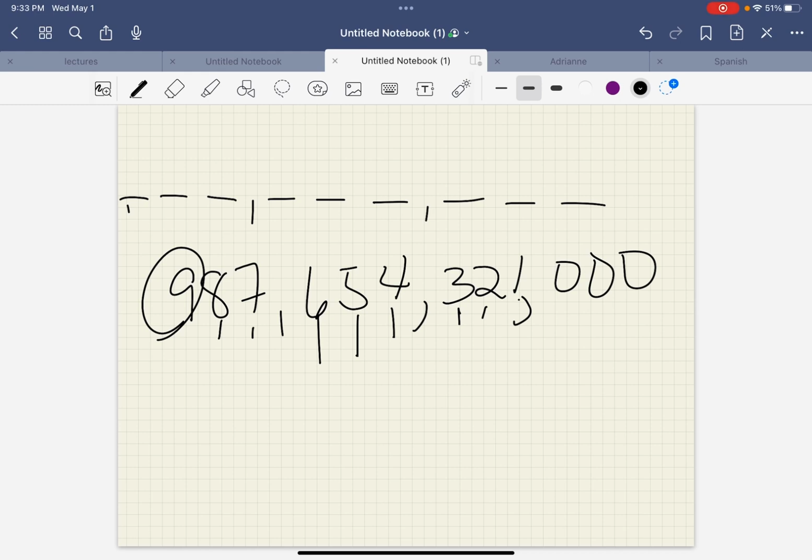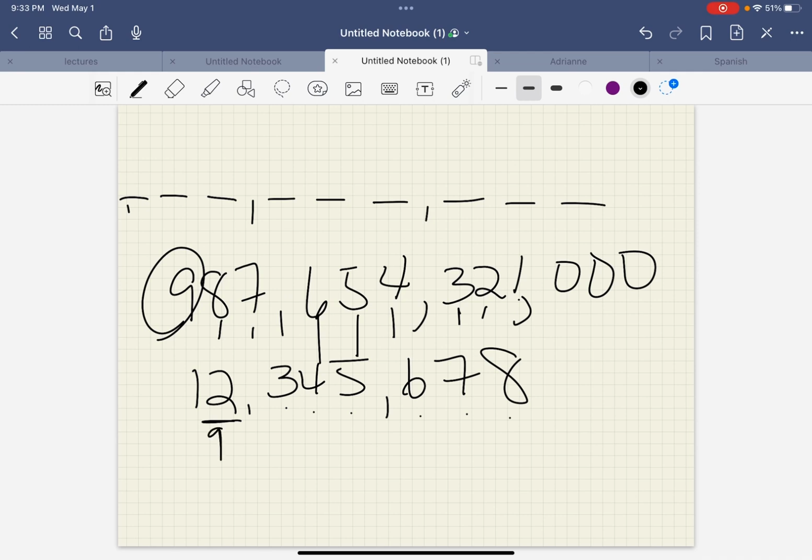All right, in example 2, it says, what is the value of 2 in the number 1, 2, 3, 4, 5, 6, 7, 8? How original. Okay, so the 2 is right here. So we've got ones, tens, hundreds, thousands, 10,000s, 100,000s.